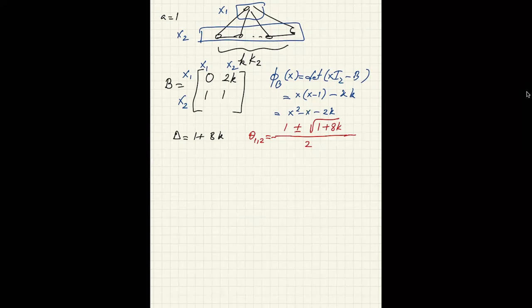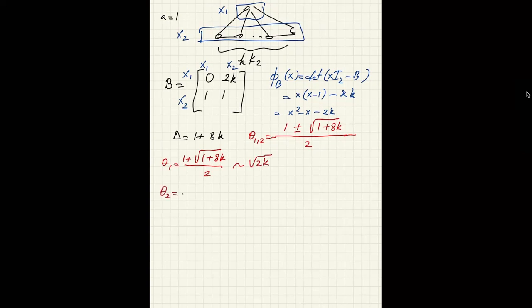If you want to ballpark them a little bit, you can look at theta 1, which is 1 plus the square root of 1 plus 8k, over 2. How large is this? Well, just ignore the 1 in the square root. You get about 2 times the square root of 2k, over 2. So it's about the square root of 2k, the top one.